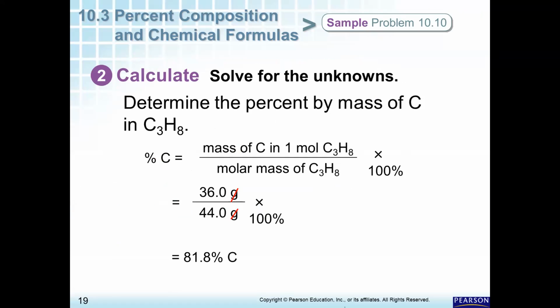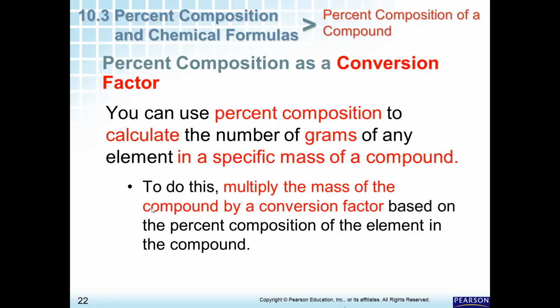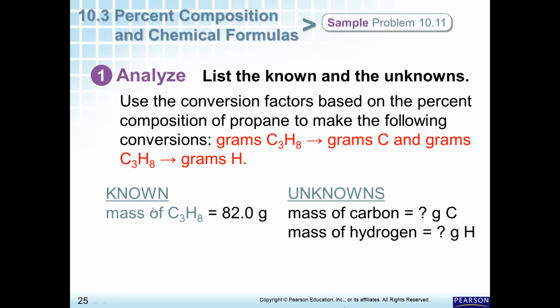So that's a conversion factor that you can use for any other case. If I give you the percent composition, then you can use that to determine how much of an element is found in a compound, like the case of this example.